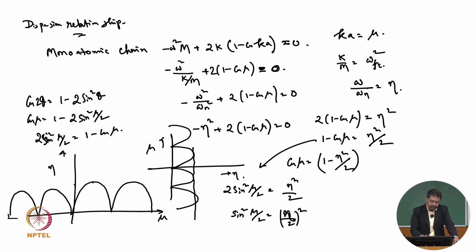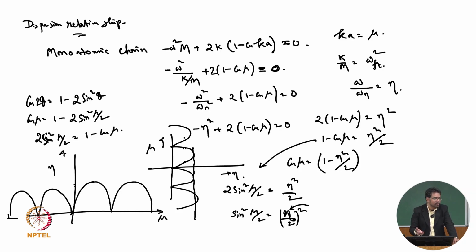And importantly, you see we are getting several values of mu. So for a particular single value of eta, we will get several values of mu. Why? Because it can have a general solution. It is sine, and once we put sine or cosine, this type of function gives us a general solution, not a single solution.